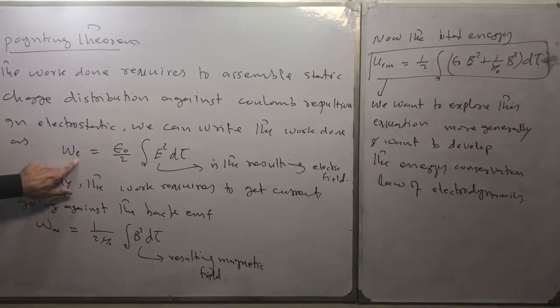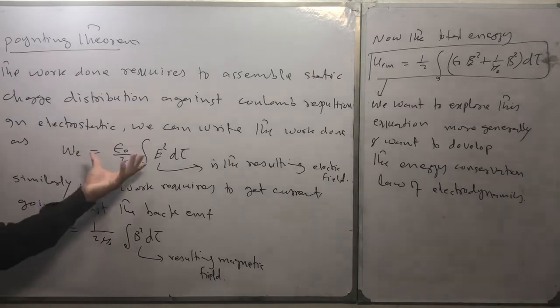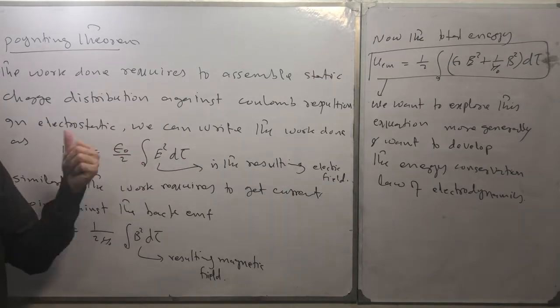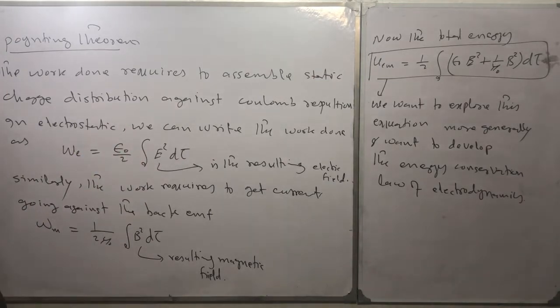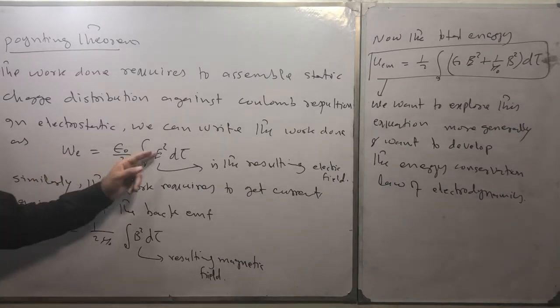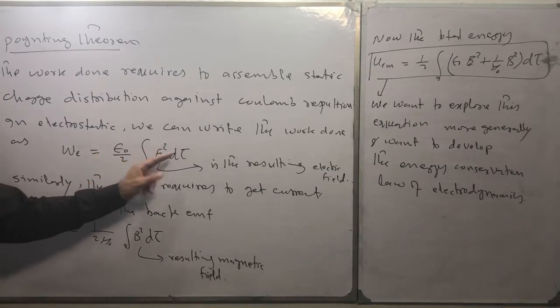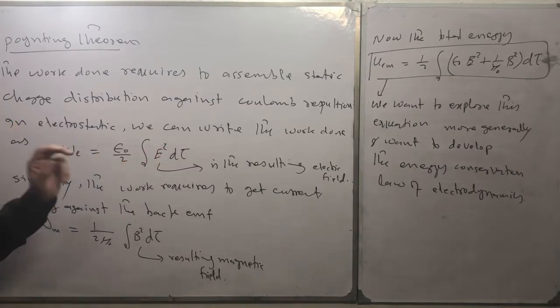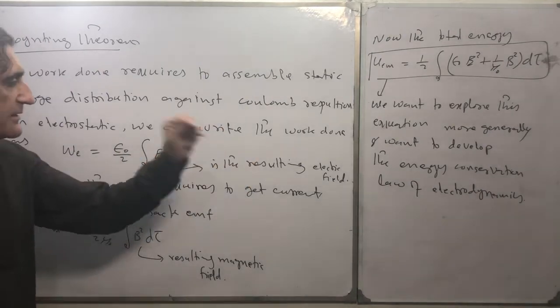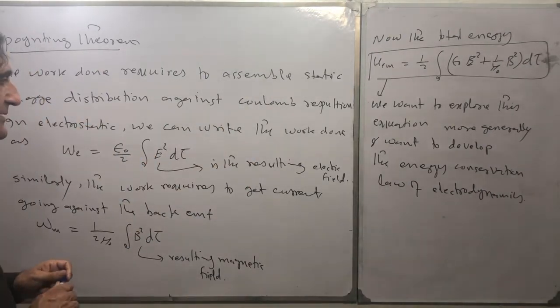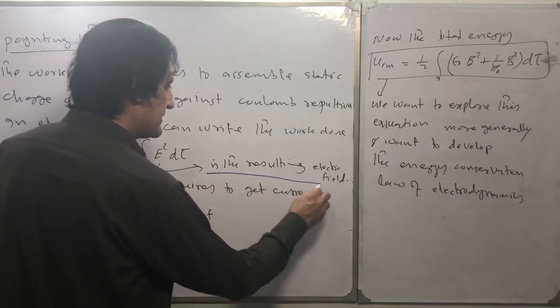This is the electric work done, and we have already calculated this equation in the previous chapters. The energy stored in an electric field is equal to epsilon naught divided by 2 integral E square d tau, where E is the resulting electric field.